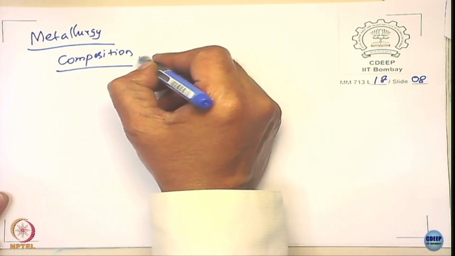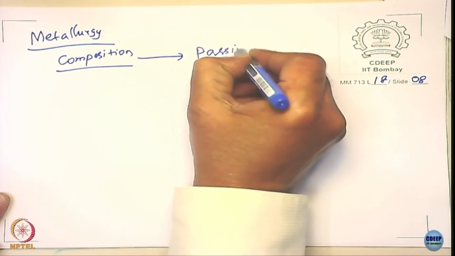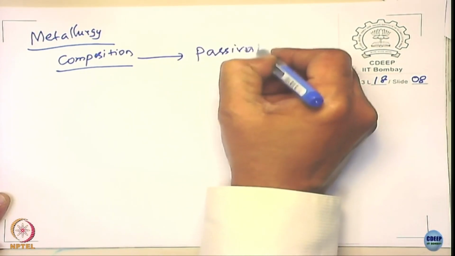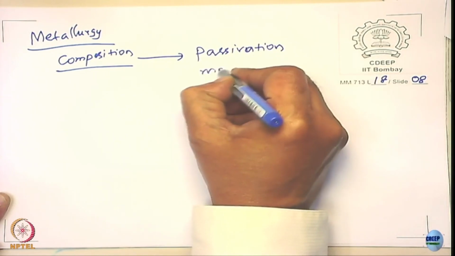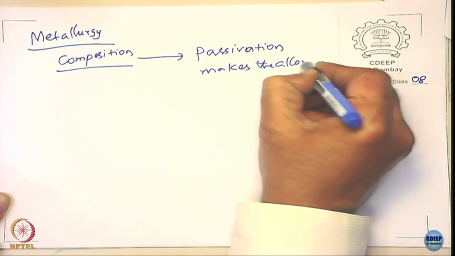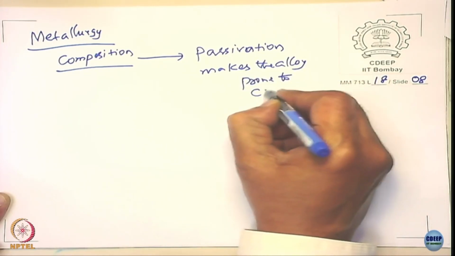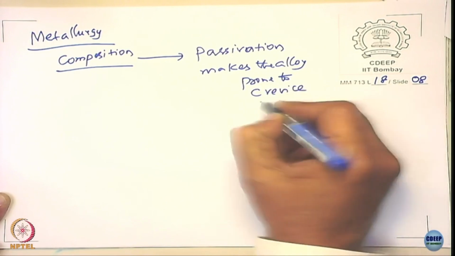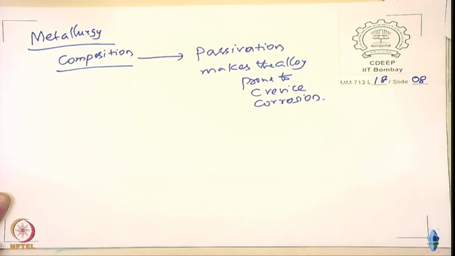All compositions that lead to passivation make the alloy prone to crevice corrosion, right?